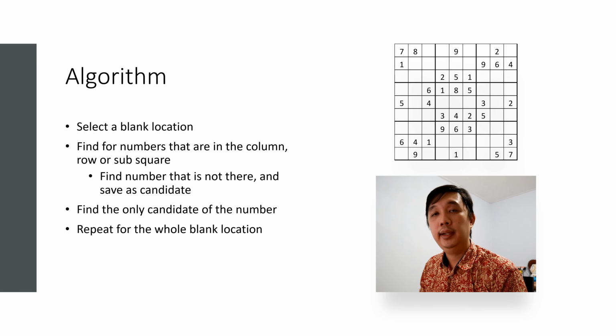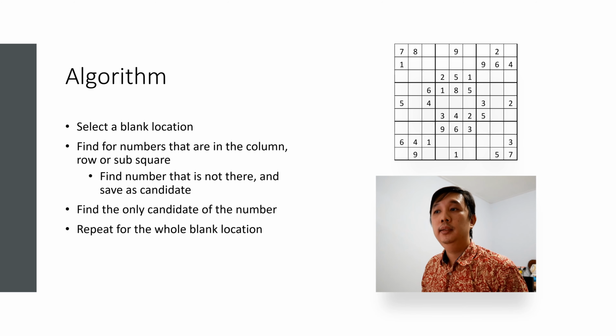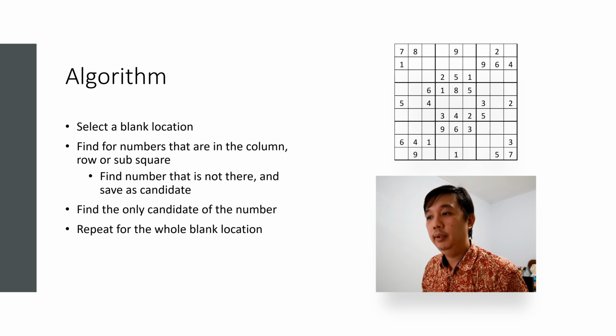Then I find the candidates for the answer, and if I only have one candidate, then that must be the answer. If there is more than one, then that grid is not workable, so I will move to another grid. I will repeat this process until all the blanks are filled. It's pretty straightforward and pretty easy. It's not hard at all.